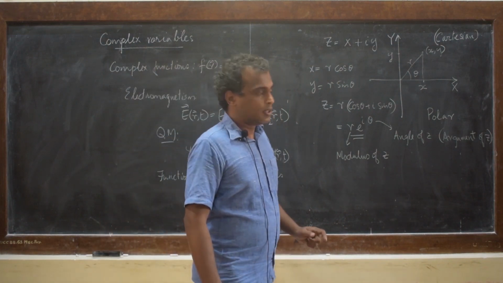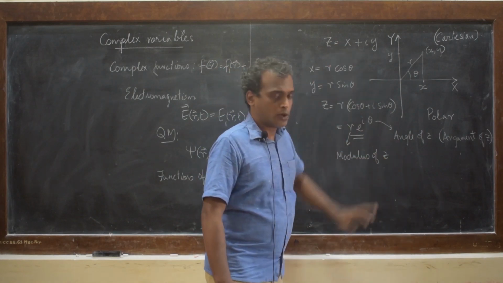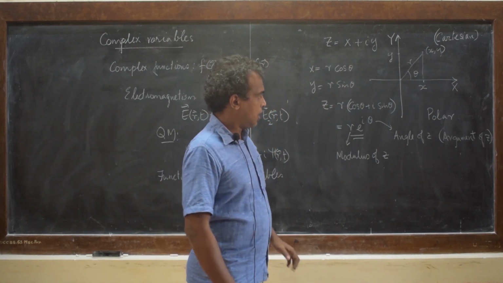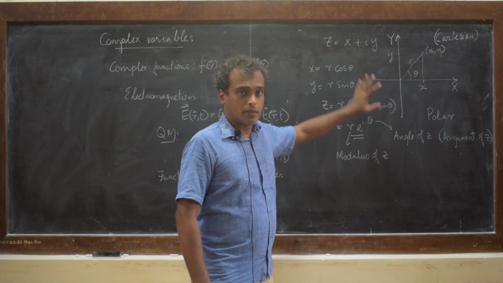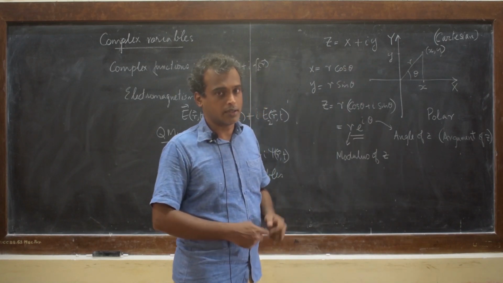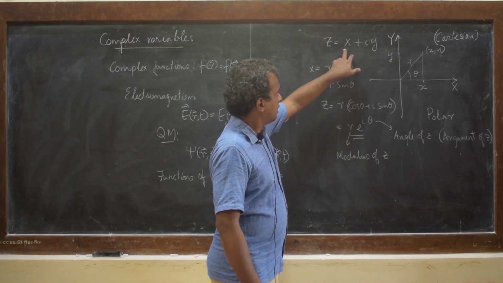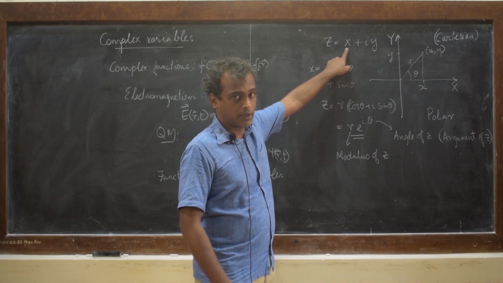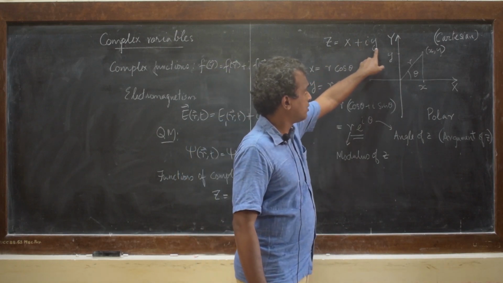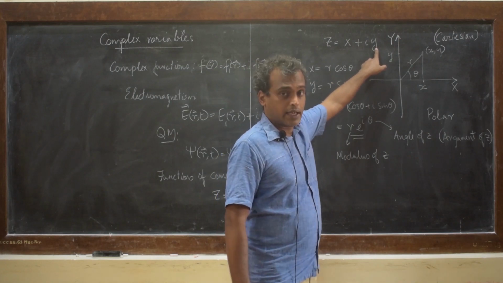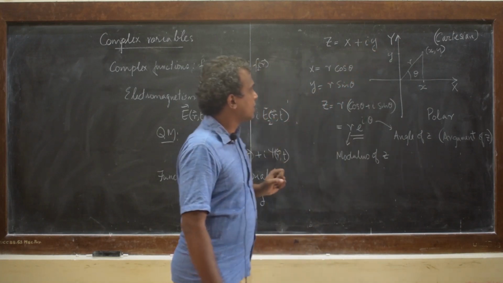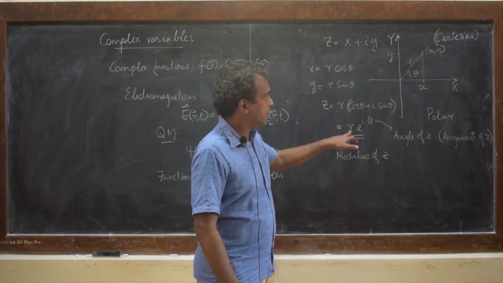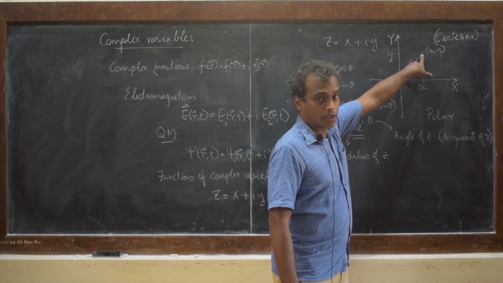It is important to note that in either of these forms, all the coordinates that we use are real numbers. For instance, in the Cartesian way of writing a complex number, the real part is represented using x, where x is a real number. The imaginary part is y, and y is also a real number. Coming to the polar form, r is the modulus of z, which gives us the distance from the origin to that point.